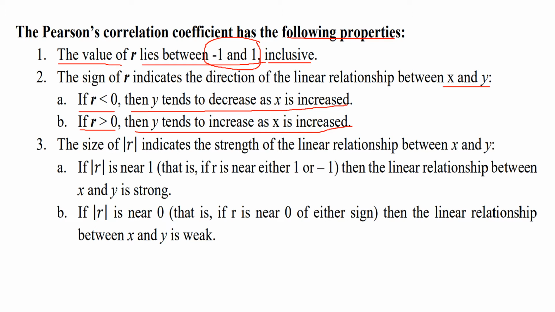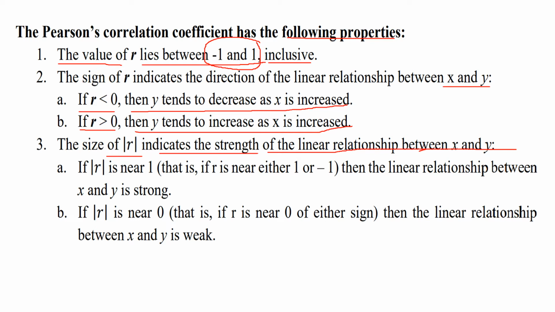Then for number 3, the size of r, or the absolute value of r, indicates the strength of the linear relationship between your x and y. For example, if your r is equal to -0.65, that will be your strength.